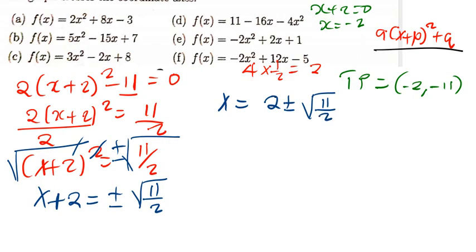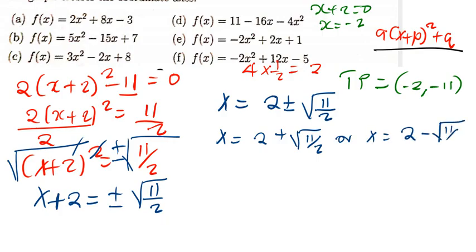So at this point I know that x will be equal to 2 plus or minus the square root. Now here, if I want, I can say it is plus, then the square root of 11 divided by 2, or x is now 2 minus the root of 11 divided by 2. So these are the values of x.